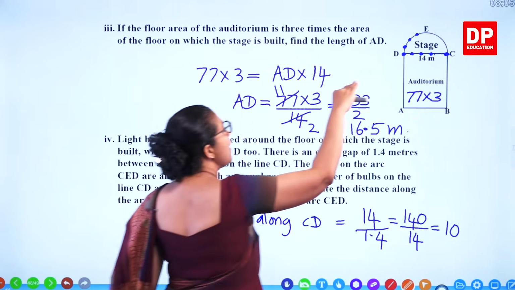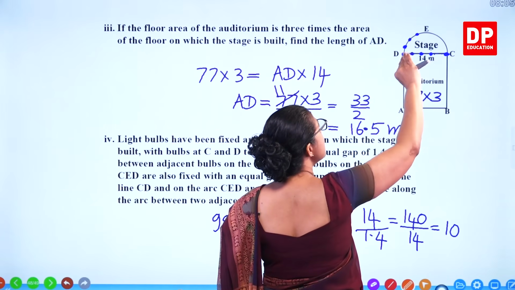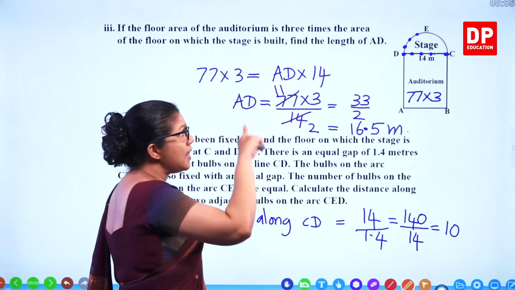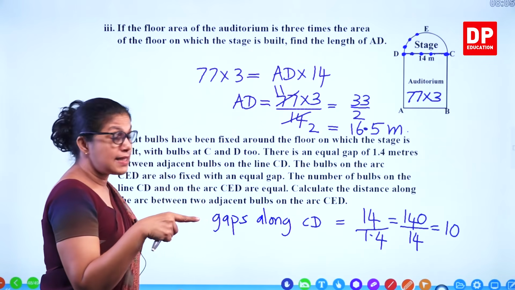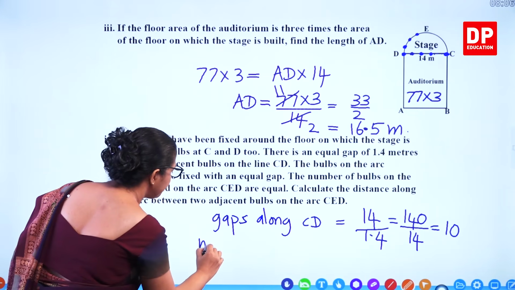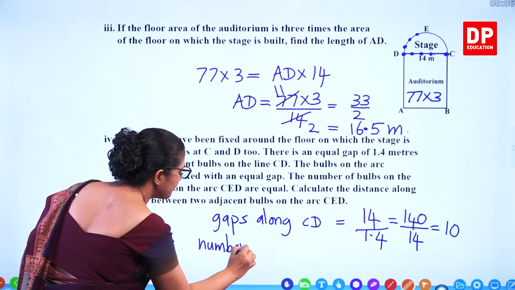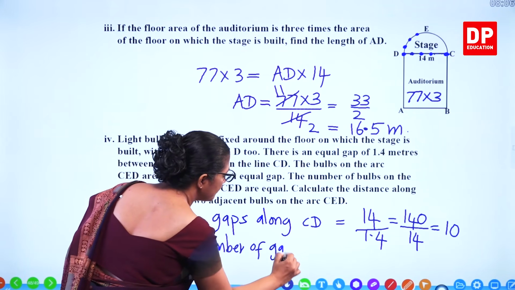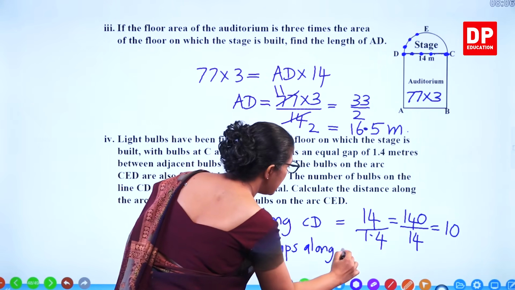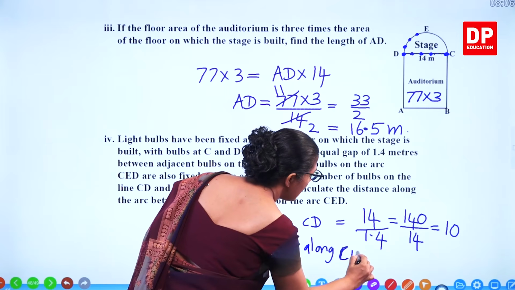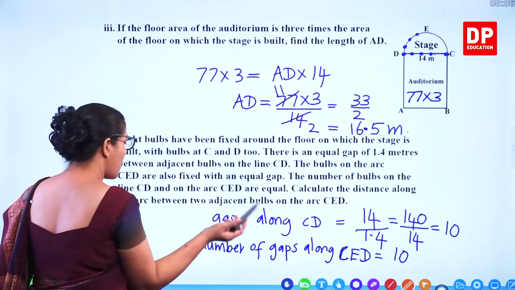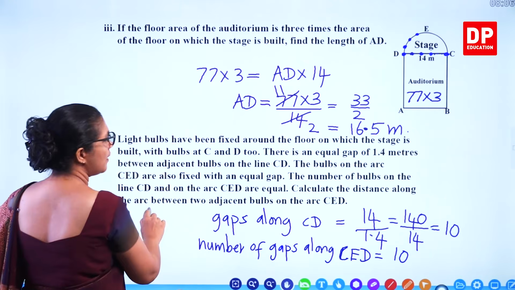Now if the number of bulbs are the same, the gaps in between here are also the same. Number of gaps in between along DEC is also the same. So number of gaps along CED is also 10, because number of bulbs are equal means gaps are also equal.